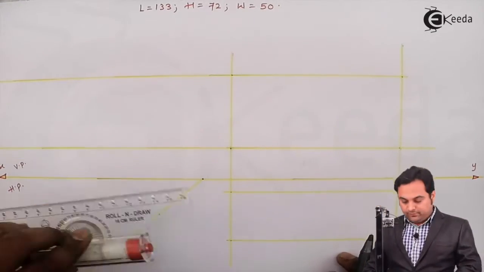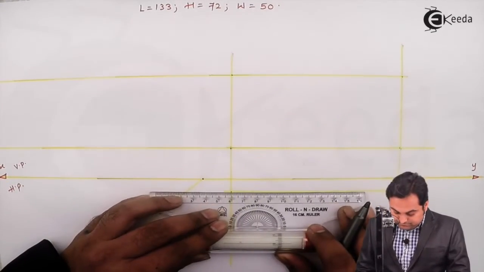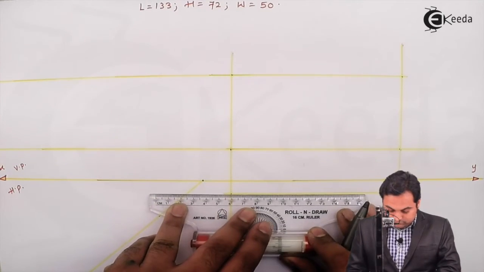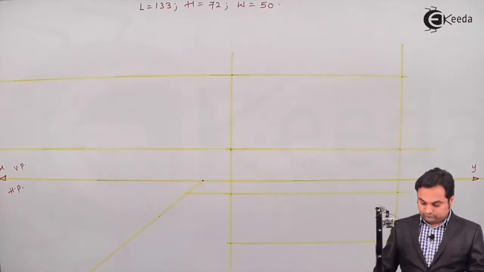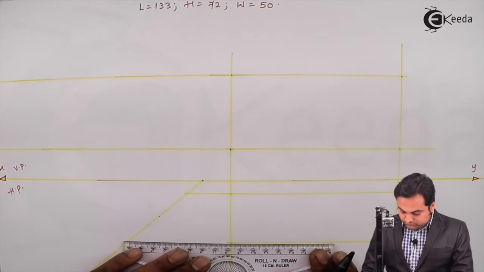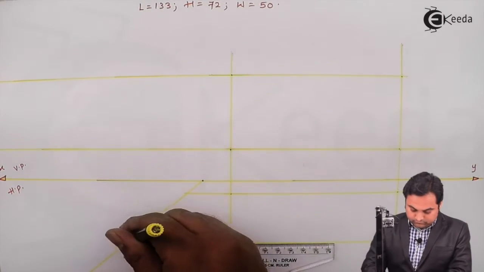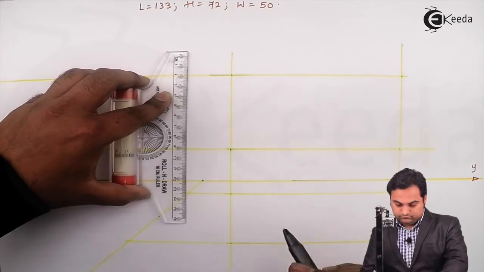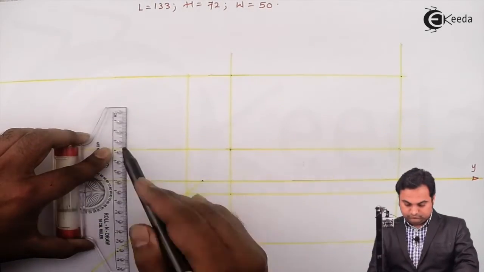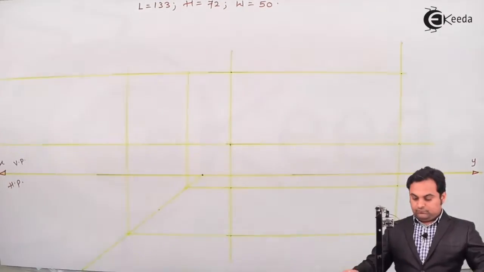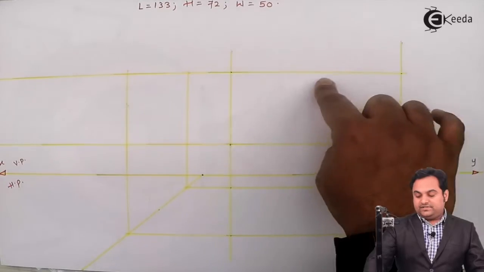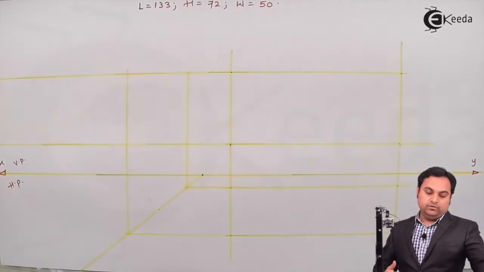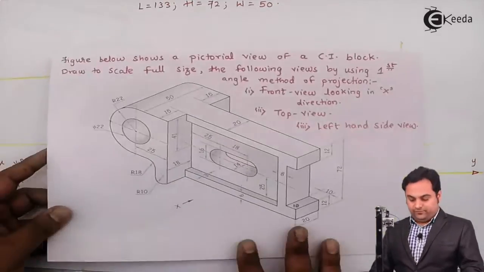Width, I'll get it from the top view. Now inside this rectangle there will be front view, here will be top view, and over here side view. Let us get started with the front view first.